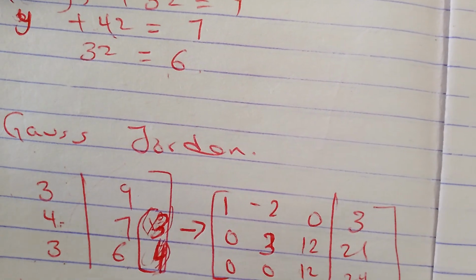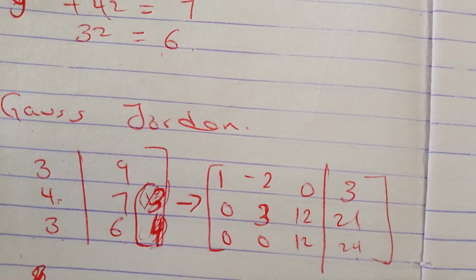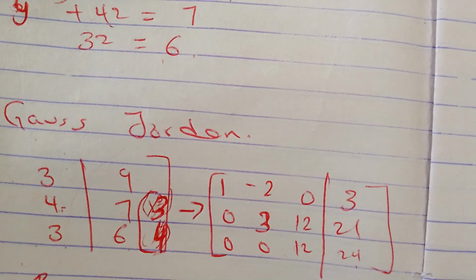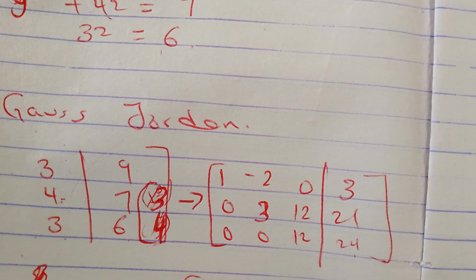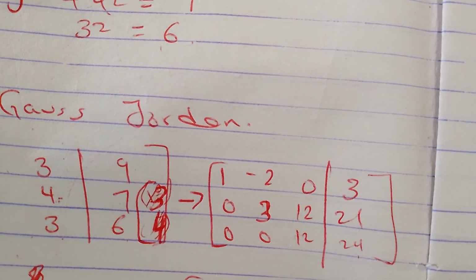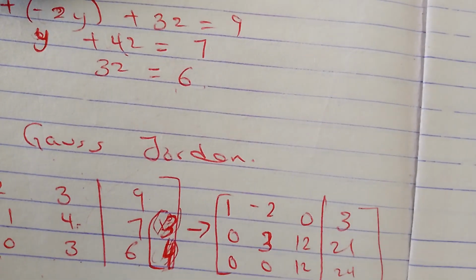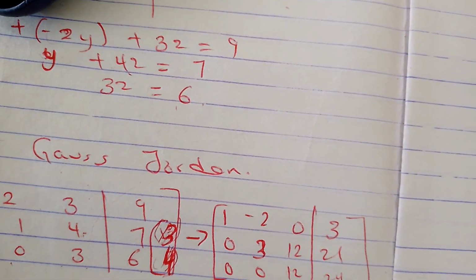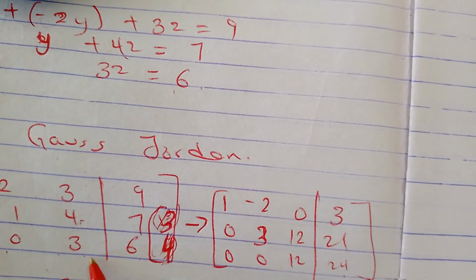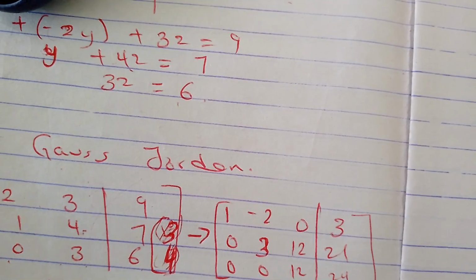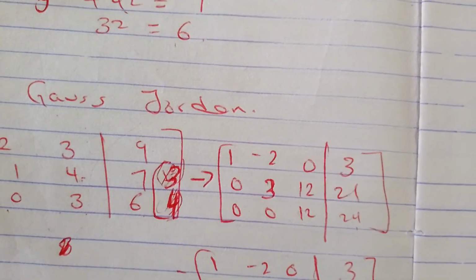Alright, and then we have 0, 0, 12, and then okay, 24. Okay, I want to be sure we didn't make any mistake. So this minus this minus that. Okay, very cool.